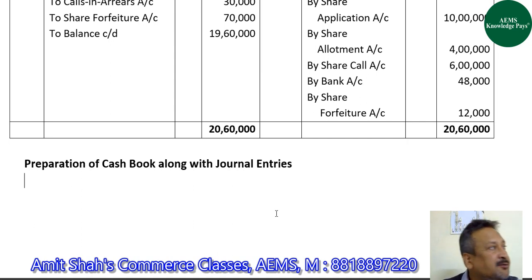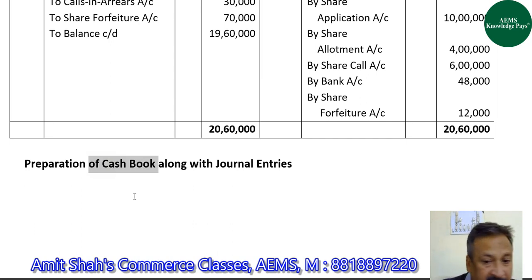You learned cash book in class 11th, where you learned double or triple column cash book, with both cash column and bank column. Here, you should make cash book with only the bank column.